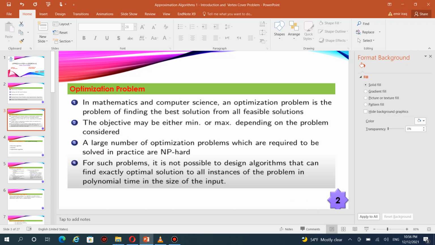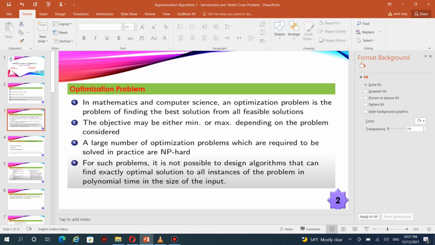we will see that in mathematics and computer science, an optimization problem is the problem of finding the best solution from all feasible solutions.